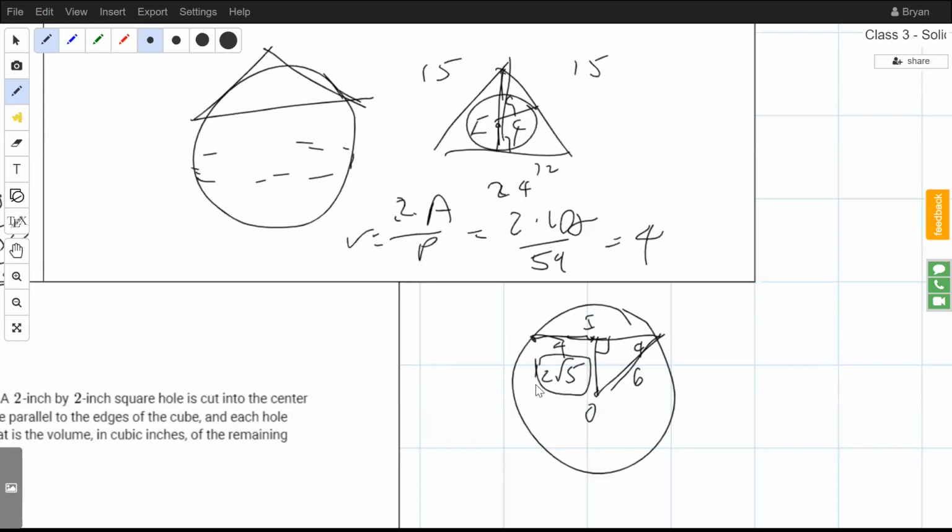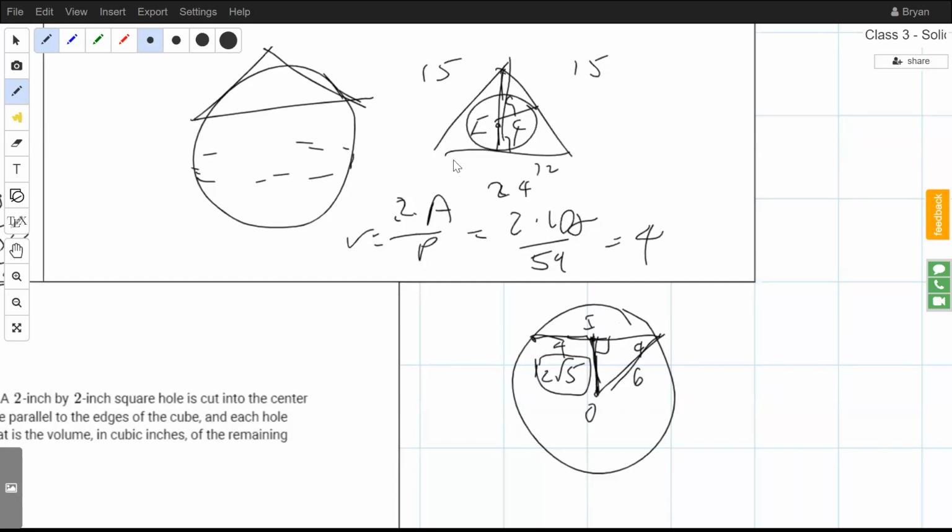This does seem a bit rushed, but basically, first, how do we know that OI is going to be the distance to the plane? The reason we know this is because we took the cross section earlier, and I is the center of that circular cross section, which means it's going to be the point closest to the center.